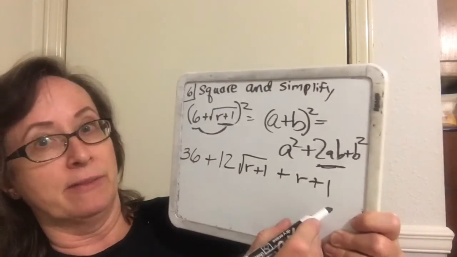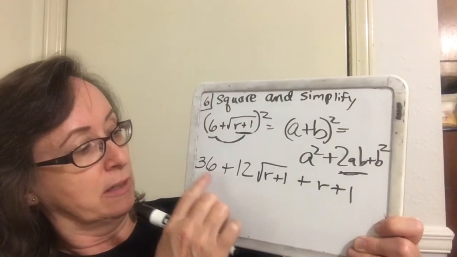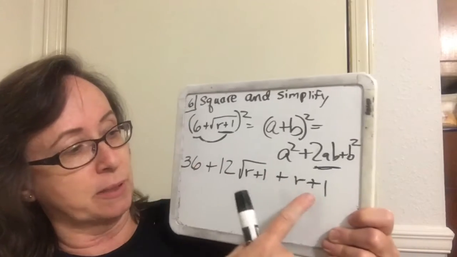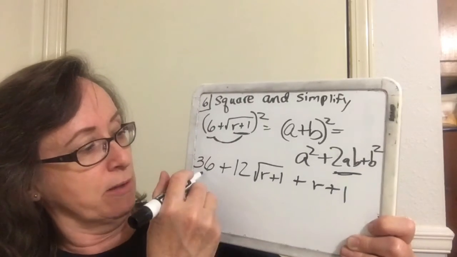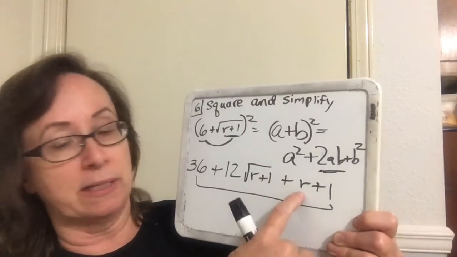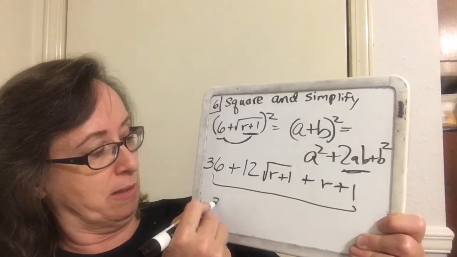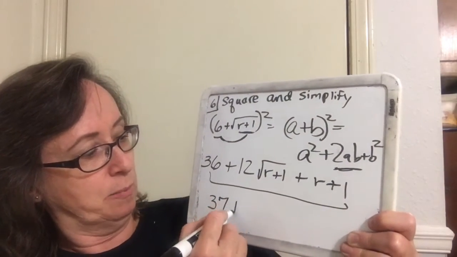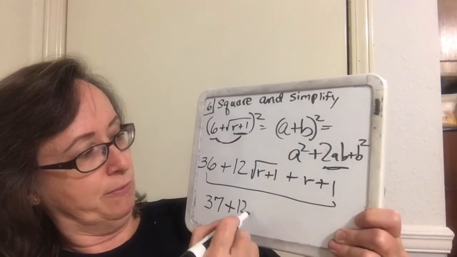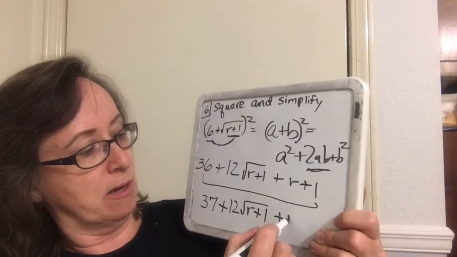So now that we have all of this, we look and say, are there any of these terms that we can put together? We have a 36 whole number and a 1. We can join those together, but we don't have another square root of r plus 1, and we don't have another r. So our final answer is going to be 37 plus 12 square root of r plus 1 plus r.